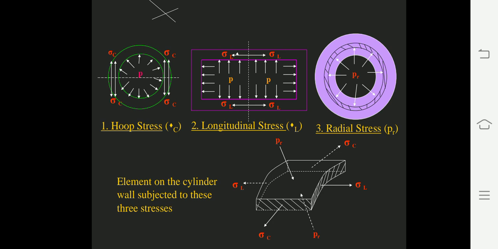For the second, longitudinal stress, the longitudinal portions are shown. The third shows the closed view of the radial portion of the cylinder.